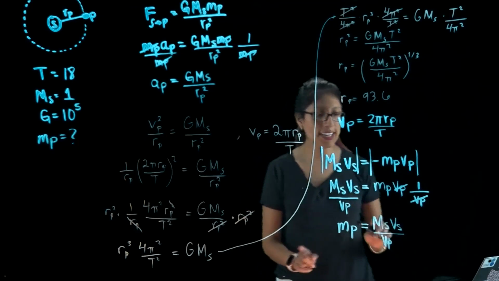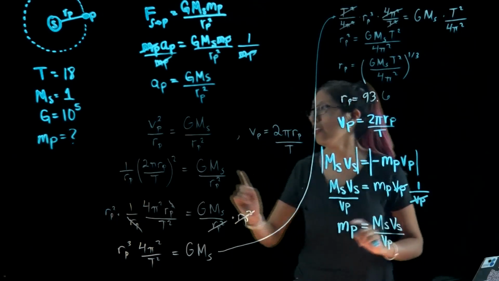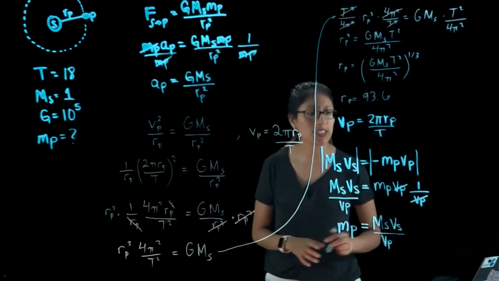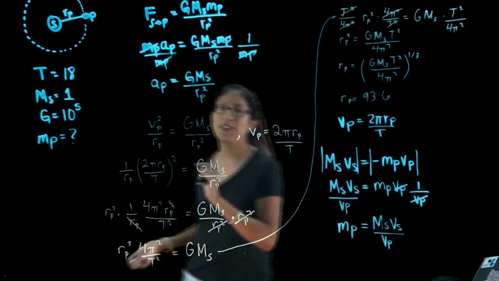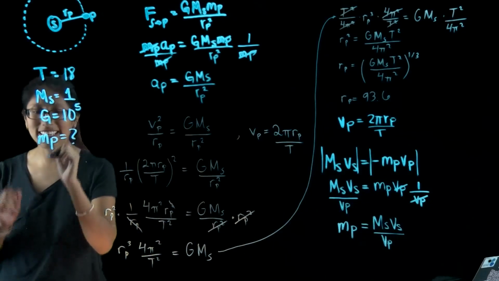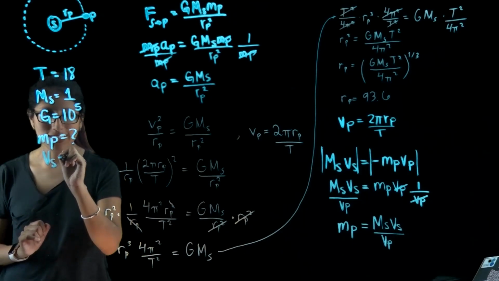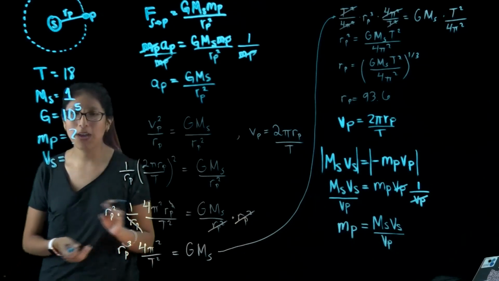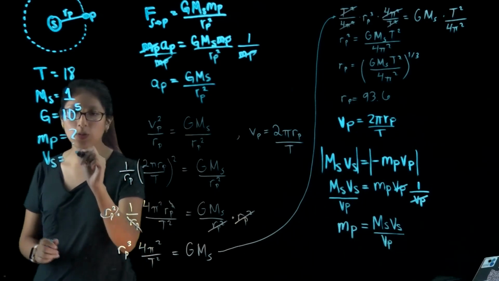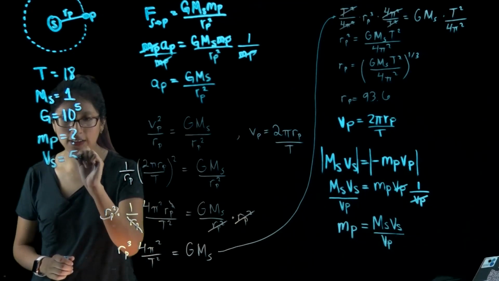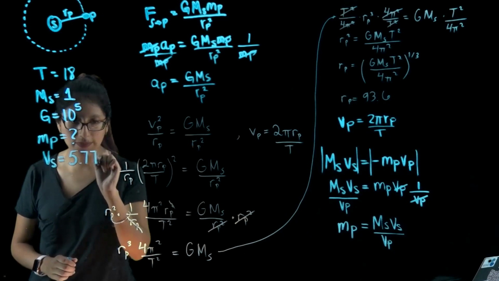And we see that it depends on the mass of the sun, which we know is 1, and the velocity of the sun, which we don't have written down, but we will write it down right now. The velocity of the sun, we figured out a few steps ago, was 5.77.